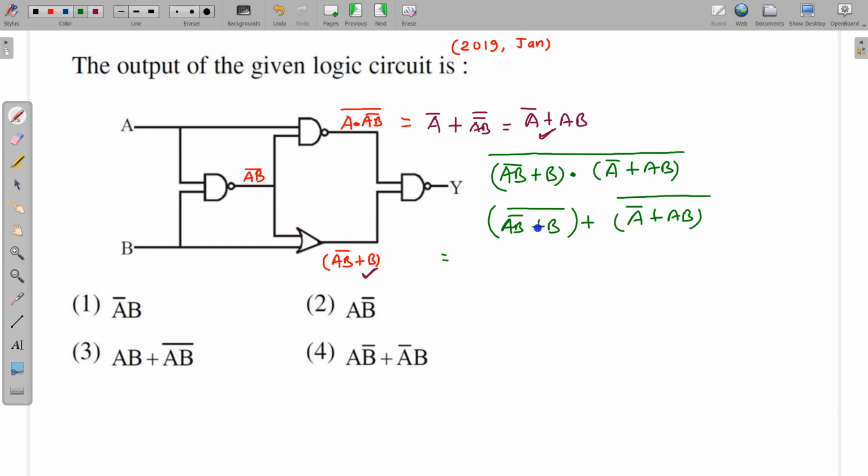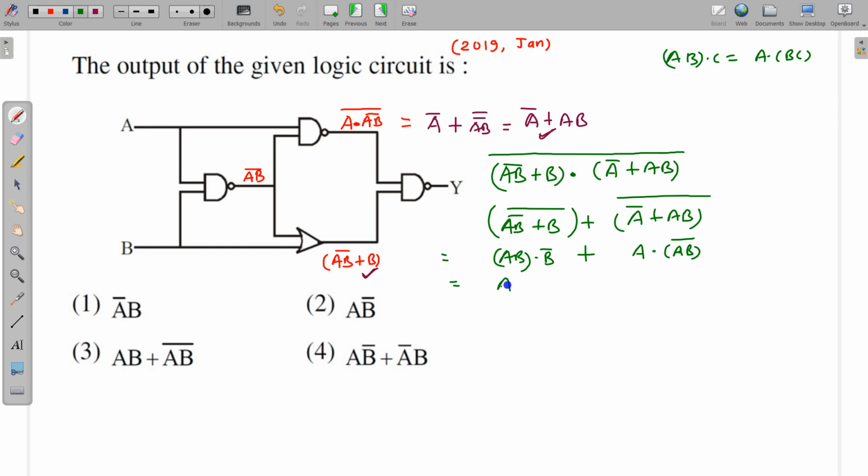Now we can again use De Morgan's theorems, and this plus can be converted into AND. So AB bar with a bar over it will become just AB, and it is B bar plus, again apply on this, so it will become A bar and bar, so it will become A, and this is AB bar. There is a theorem: A B dot C, we can also write it as A dot BC.